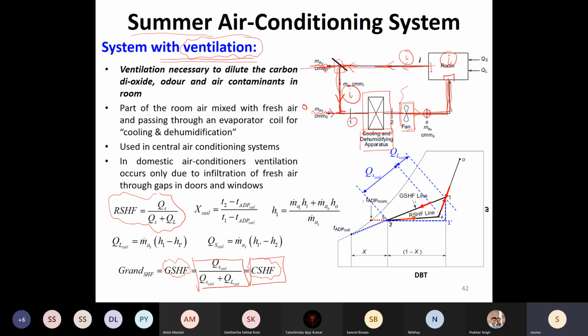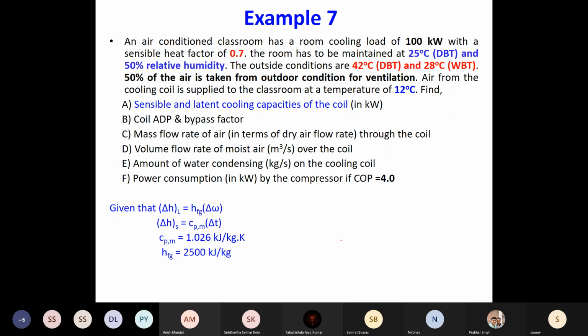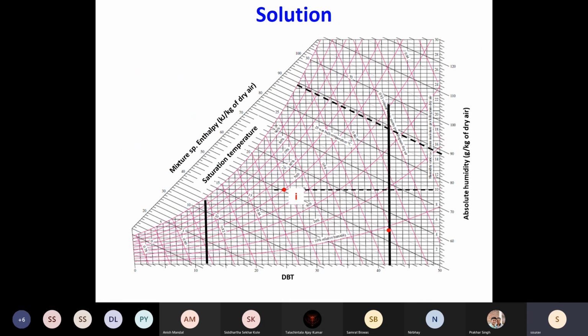That is the first indication that the ventilation is either completely turned off, so the entire air is being recirculated, or it is at a very low setting. I'll come to this example problem a bit later.